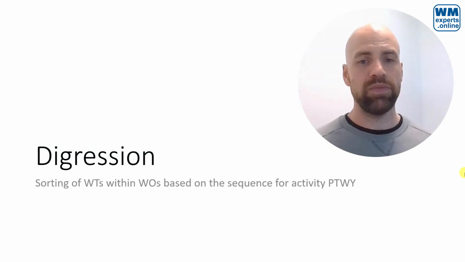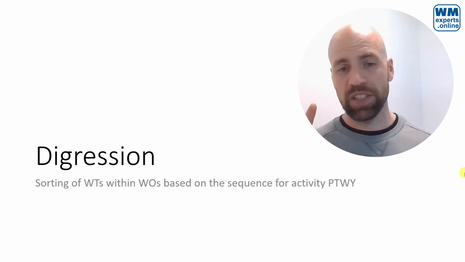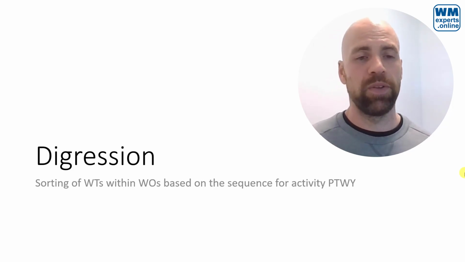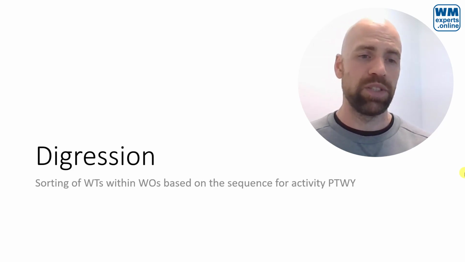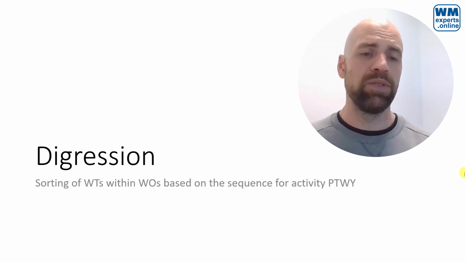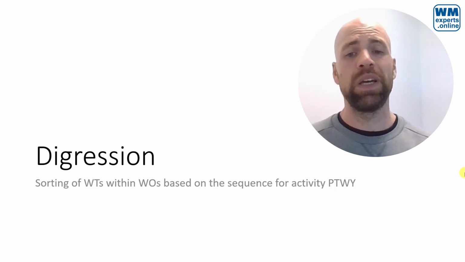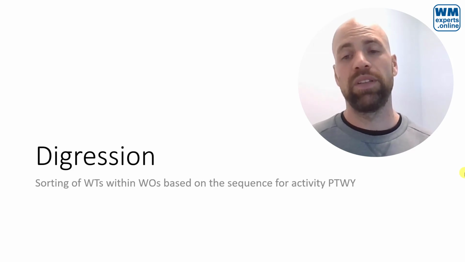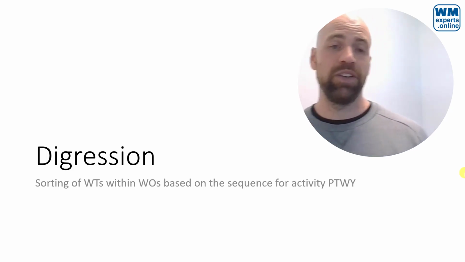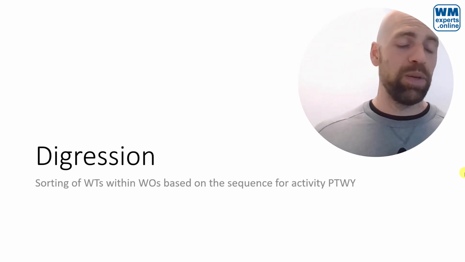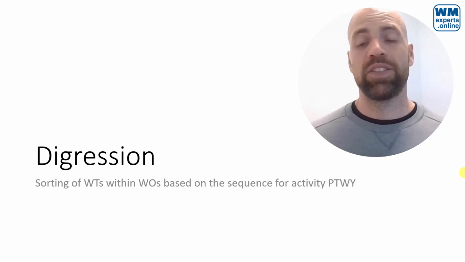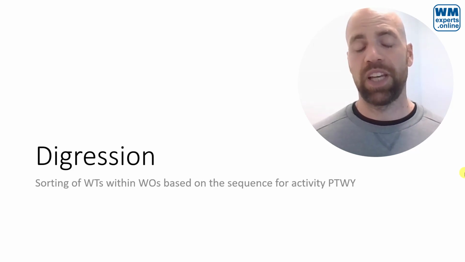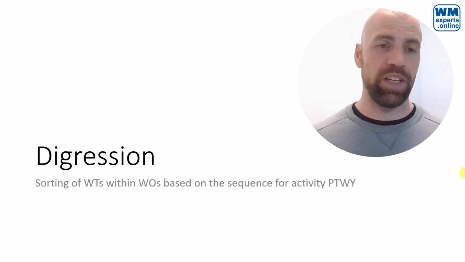And with that, actually before we come to the options for enhancement, I would like to make a small digression with you and look into the sorting of warehouse tasks within warehouse orders based on the PTWY activity. Because I mentioned that so many times at the beginning of the video, and I have seen so many occasions in the past where people assumed that this activity type would be used for sorting the possible destination bins.